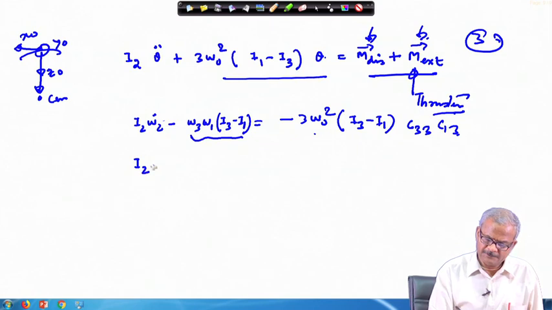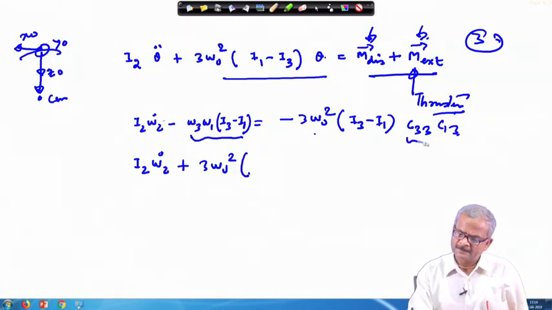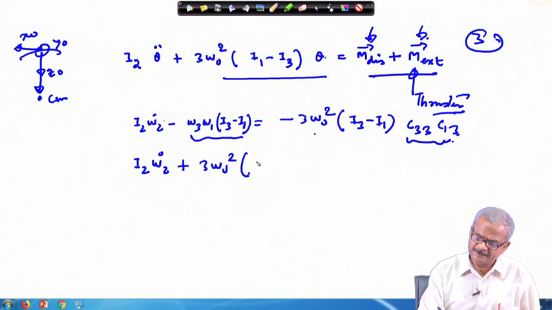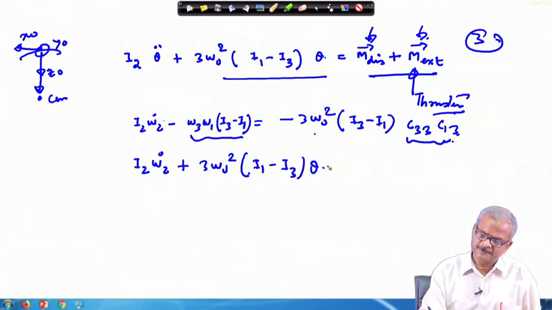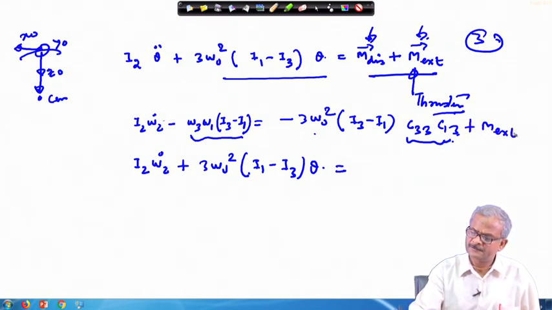So, for the linearized dynamics only we get this term and plus 3 omega 0 squared, and this term minus theta appears from here. So, this one is I 1 minus I 3 times theta, and on the right hand side then it remains the m external plus m disturbance.